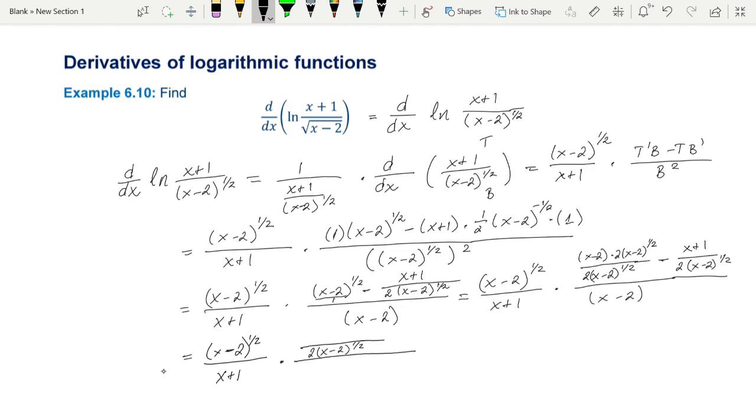And up in the numerator, we are going to have, oh, wait a minute, I forgot the power before. So it was x minus 2 to the power of 1 half. So it's going to be 2 times x minus 2 to the power of 1 half times x minus 2 to the power of 1 half. That's just x minus 2 to the power of 1 half plus 1 half, which is 1.